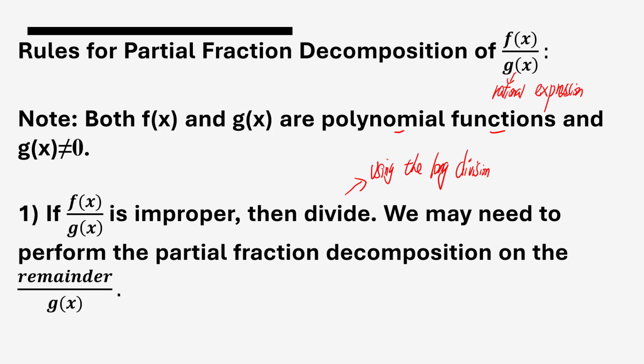And if it is proper, we can move forward to the next step. But if it's improper, then we divide it first using long division, and after that we perform a partial fraction decomposition on the remainder part, remainder over g of x. Right. So this is the very first step.